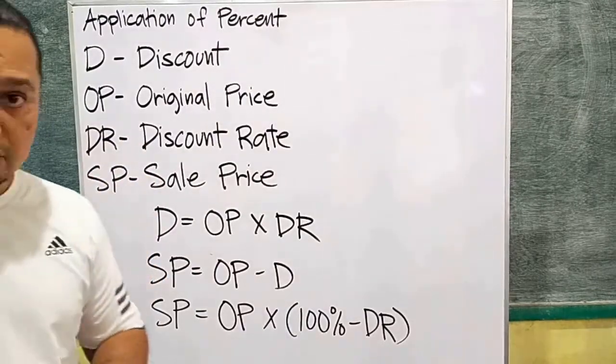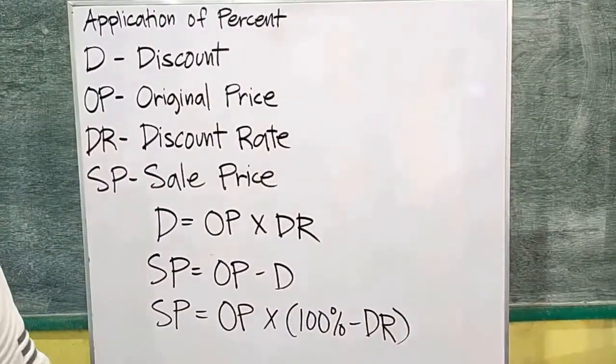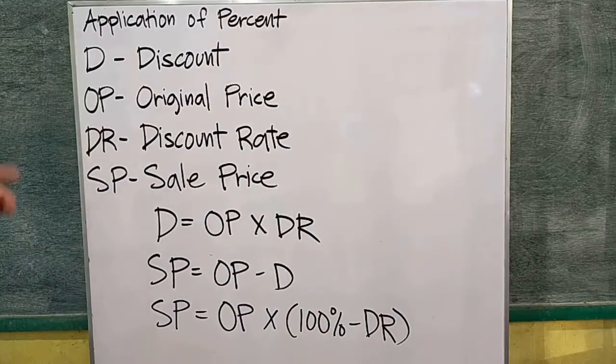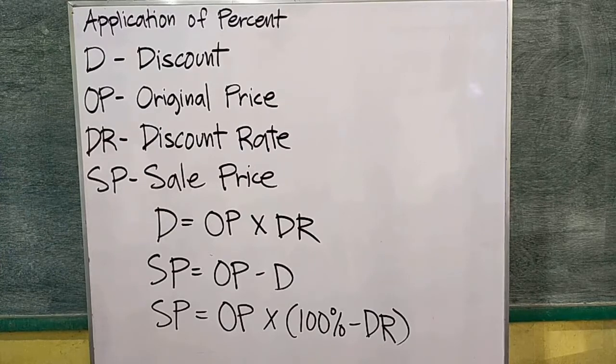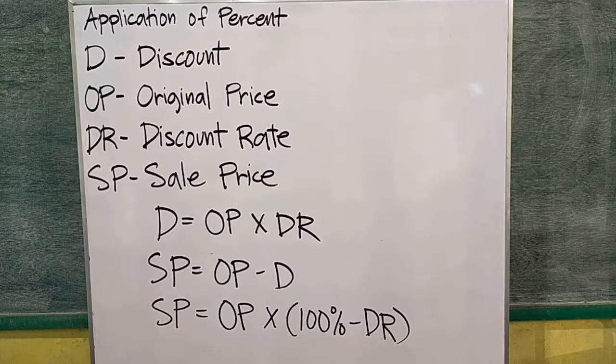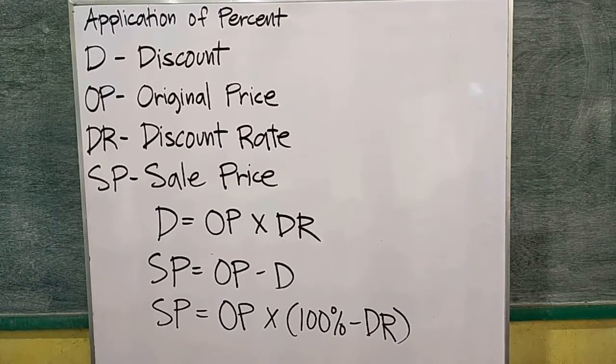Now, discount or D is the discount, while OP is the original price. DR is the discount rate, and SP is the sale price. Discount is a decrease in the price of an item. It refers to the amount to be deducted from the original price.